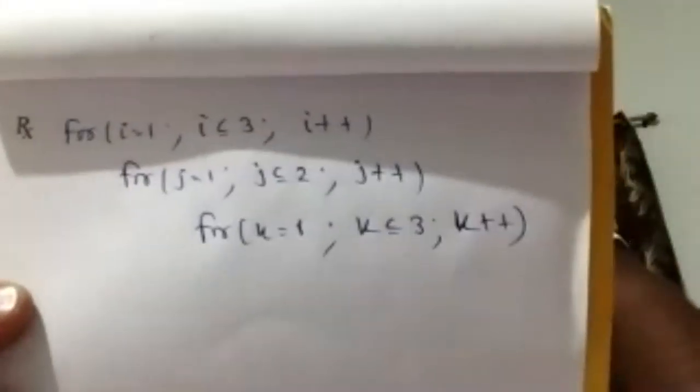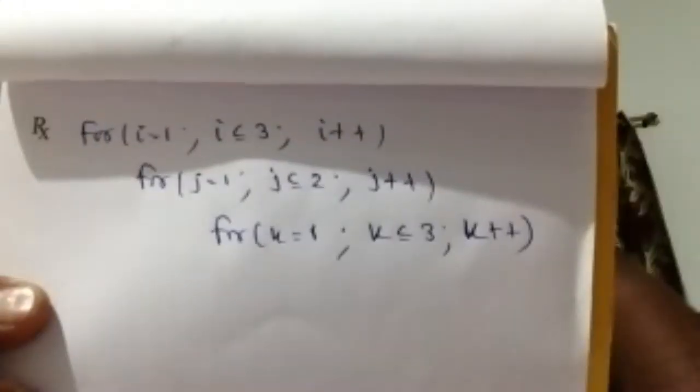Now it's clear. Now if I put 3 consecutive for loops, then what happens?